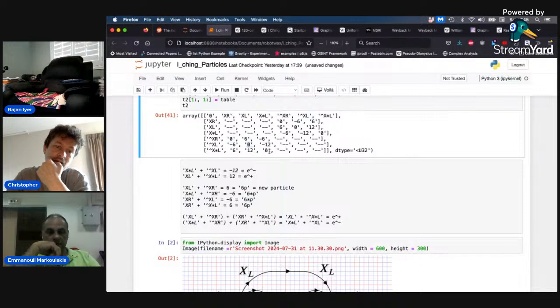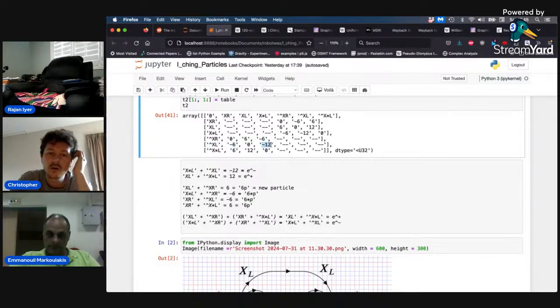That's why along the diagonal it's all zeros. These are just the straightforward antiparticles. But if you've got a right-handed X particle and an anti-left X particle, you're going to get -6 as the charge, or -12.